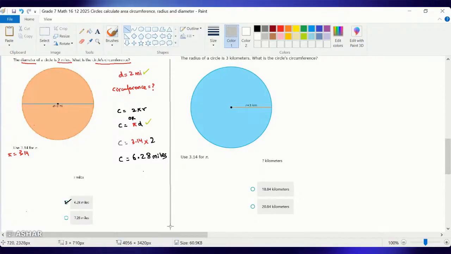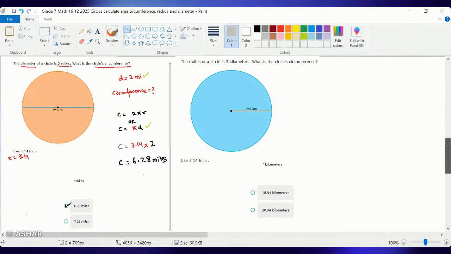The radius of a circle is 3 kilometers. What is the circumference? Again, in this case, the radius is given to us. So we had two formulas for the circumference, which we already discussed. Since the radius is given to us, we use circumference equals 2 multiplied by pi multiplied by the radius.